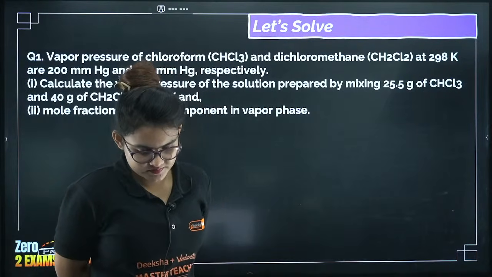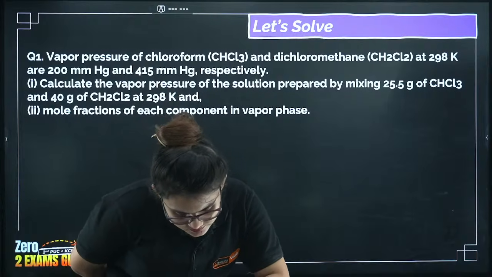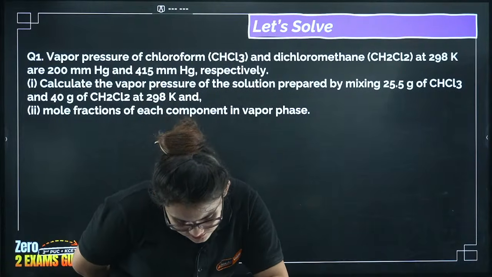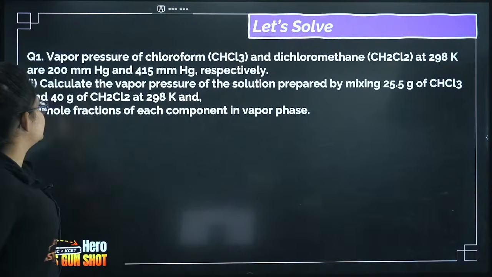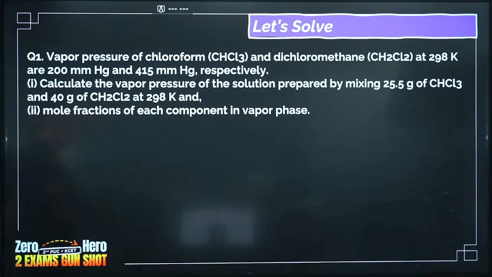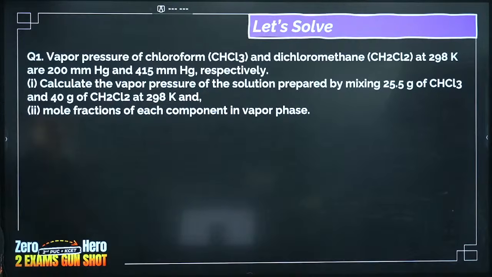The question: vapor pressure of chloroform and dichloromethane at 298 Kelvin are 200 mm of Hg and 415 mm of Hg respectively.